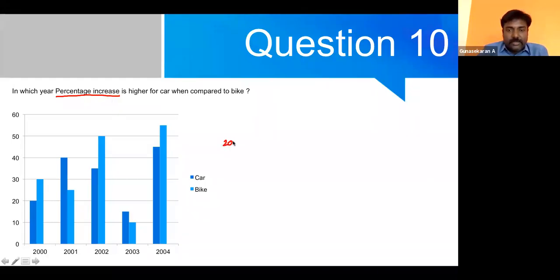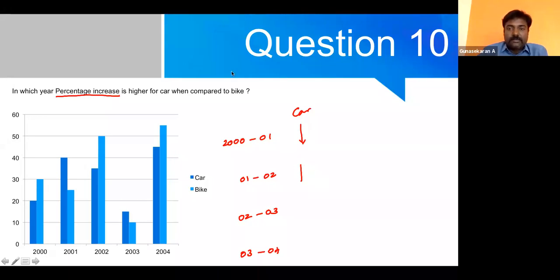Okay, 2000 to 2001, 2001 to 2002, 2002 to 2003. So 4 years of comparisons are there. Okay, car, if you see, 2000 to 2001 it is decreasing. Only in 2001 to 2 it is increasing.